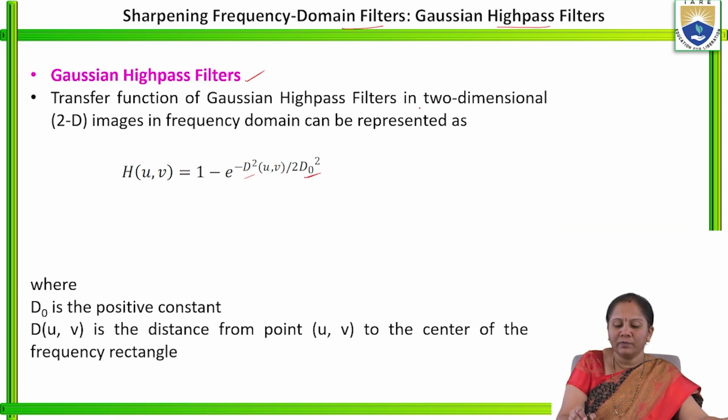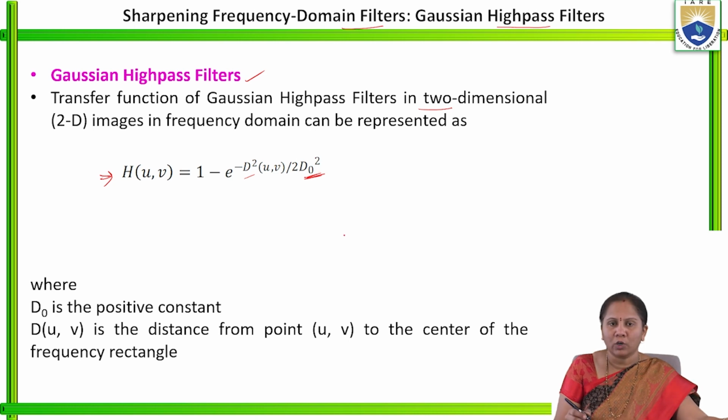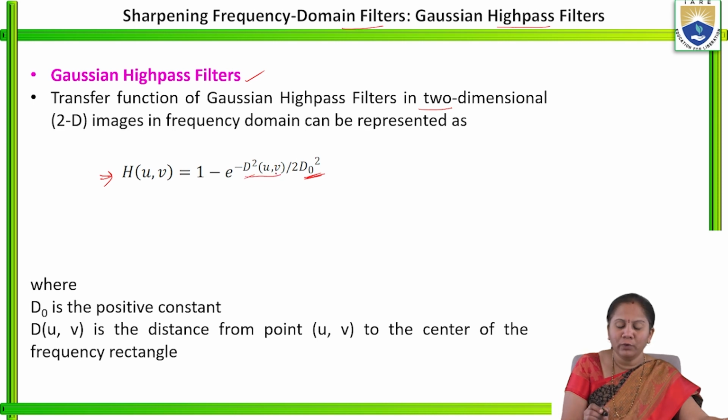The transfer function of the Gaussian high pass filter for a two-dimensional image can be represented as h of u comma v equal to 1 minus e power minus D square u comma v by 2 D0 square. Here D0 represents the cutoff frequency. It is a positive value. And D of u comma v represents the distance from a point u comma v to the center of the frequency rectangle.